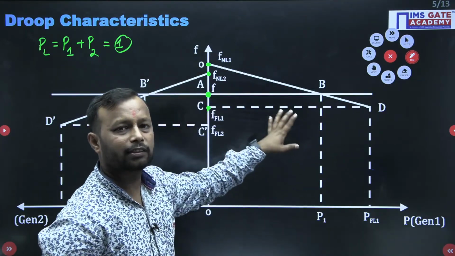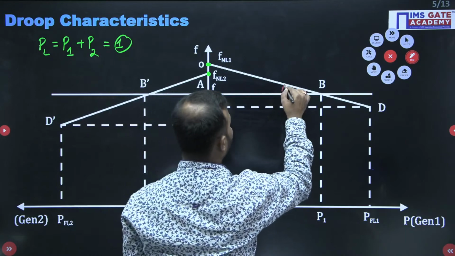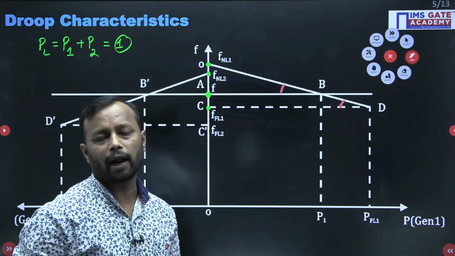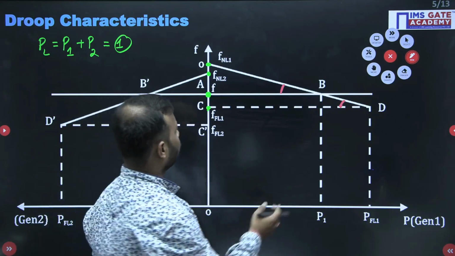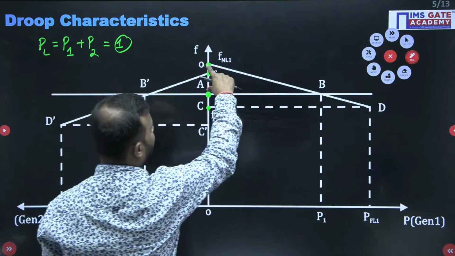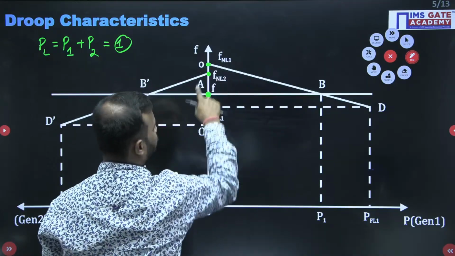These 2 triangles are similar क्योंकि इनके angles equal हैं. So whenever angles are equal, the triangles are said to be similar.